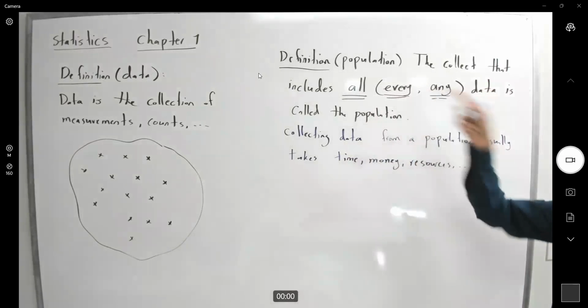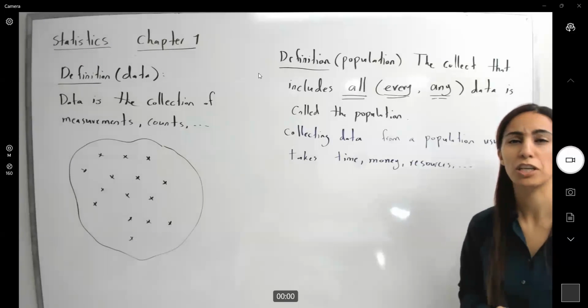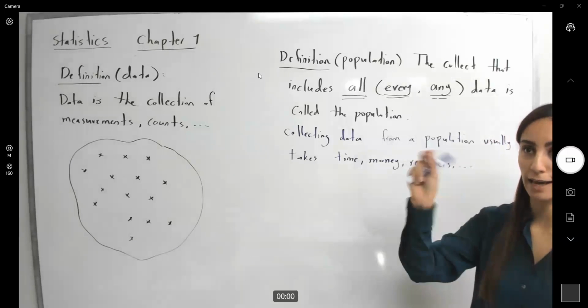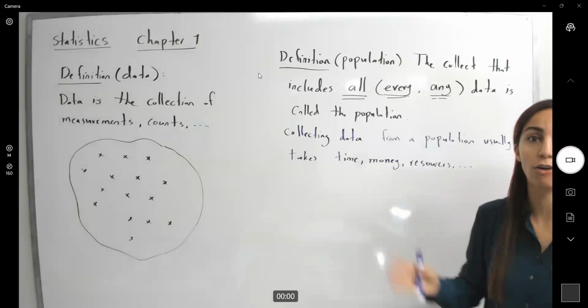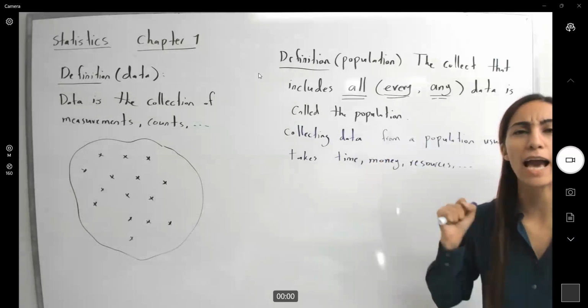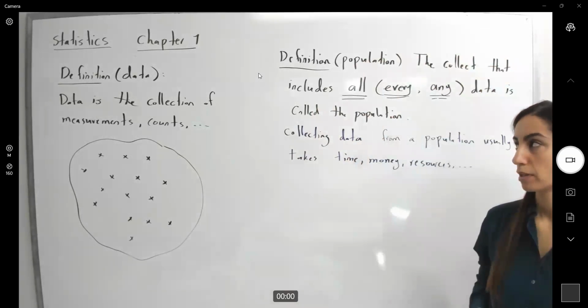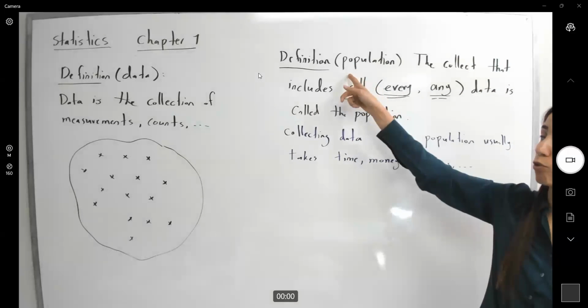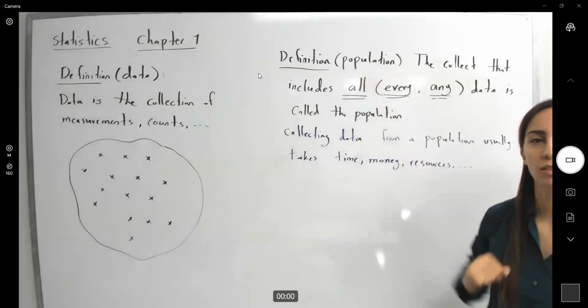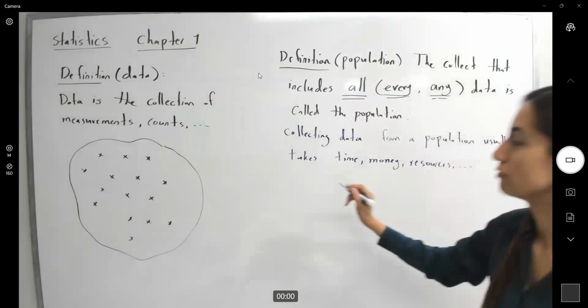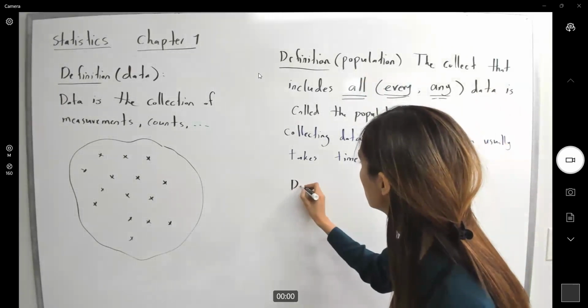That's why we try to avoid working with a population. If we can work with a population, with every measurement and every count, of course, we're going to have a very accurate collection. If not, we have to work with sub-collections of populations, which we call samples.